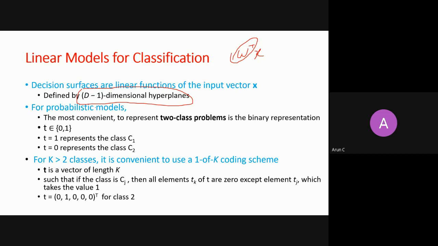For probabilistic models, it is convenient to represent my target variable as 0, 1 for binary classification.